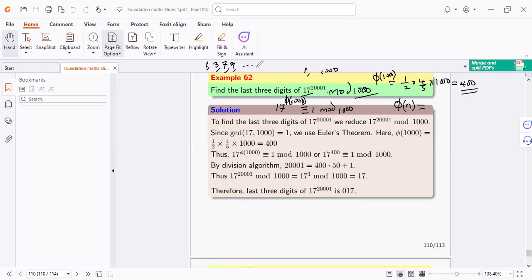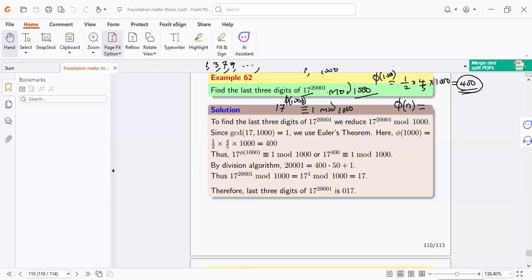So there are so many of them. There are 400 of them. So that was just a reminder of what we mean by phi of 1,000. We did that yesterday, but it means numbers smaller than 1,000 which are relatively prime to 1,000.